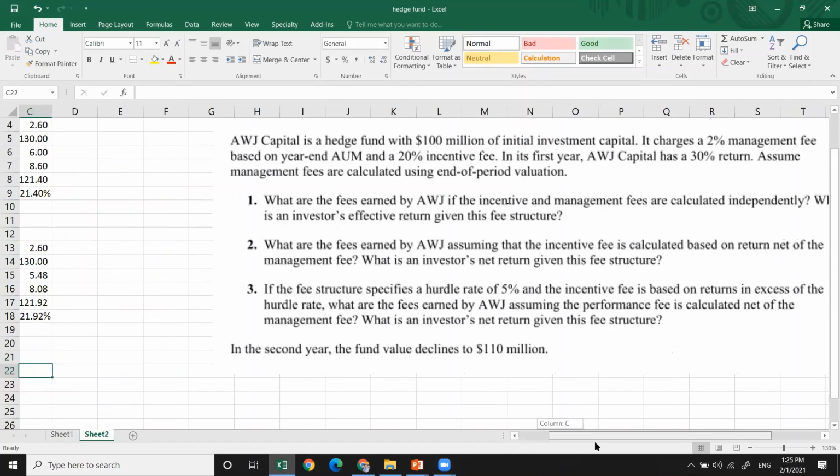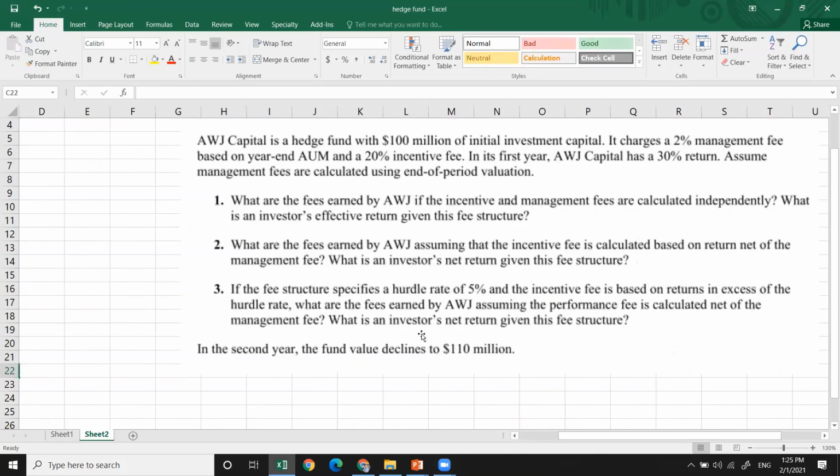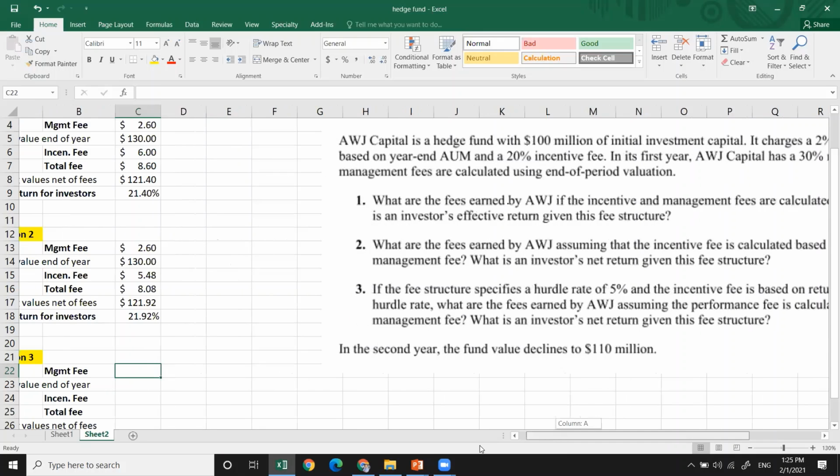But let's see what the question tells you. If the fee structure specifies a hurdle rate of 5% and the incentive fee is based on the returns in excess of the hurdle rate, what are the fees earned by AWJ, assuming the performance fee is calculated net of the management fee? And what is the investor net return given this fee structure?